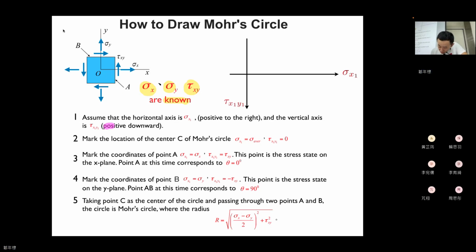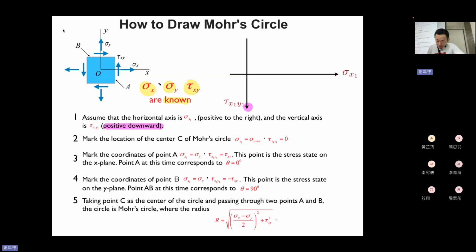Tau x1 y1 is positive downward. So you need to be really careful. Tau x1 y1 is downward and sigma x1 is to the right. This is the only thing I need you to pay attention to. Later I will tell you why.